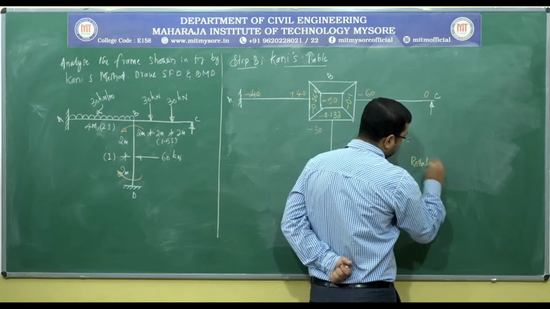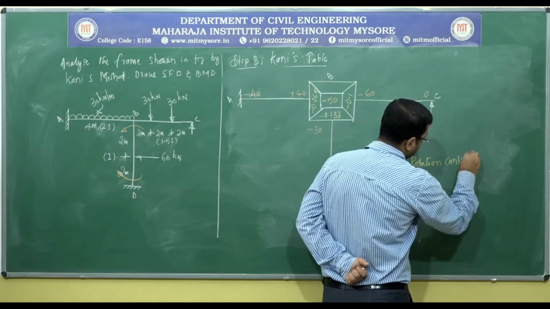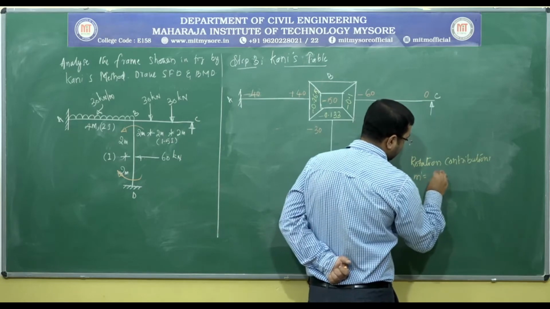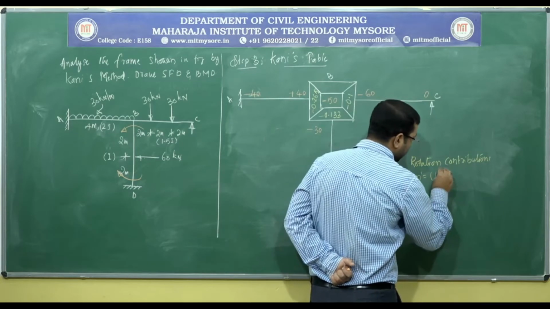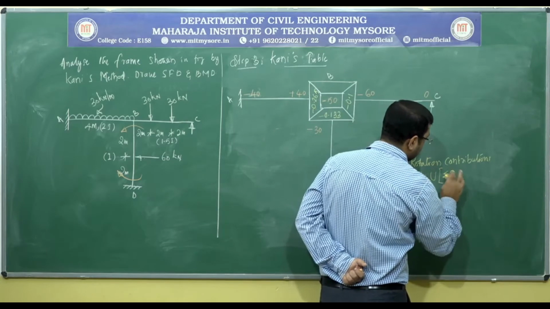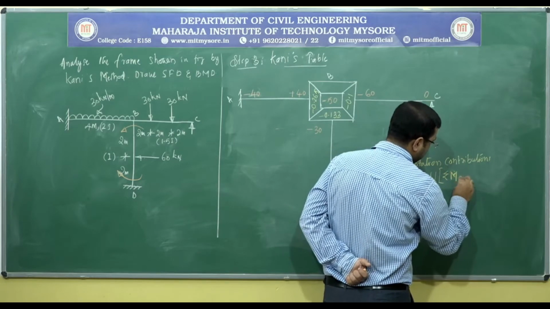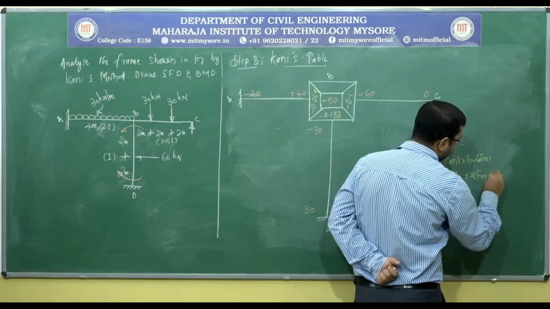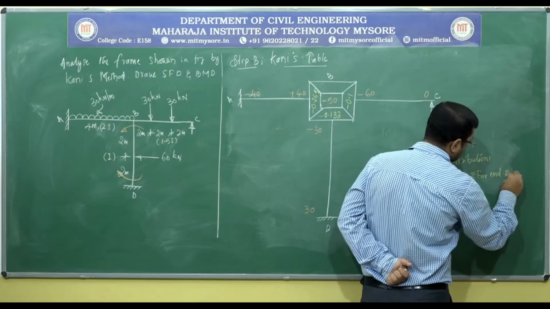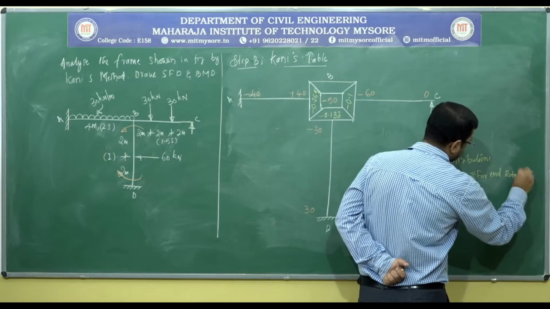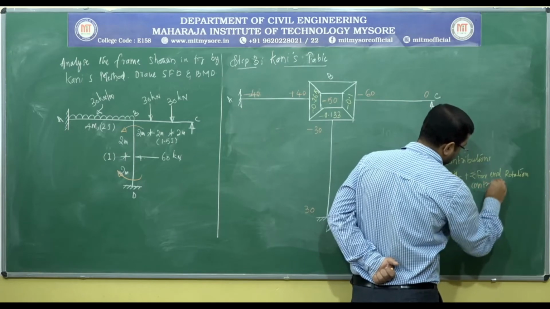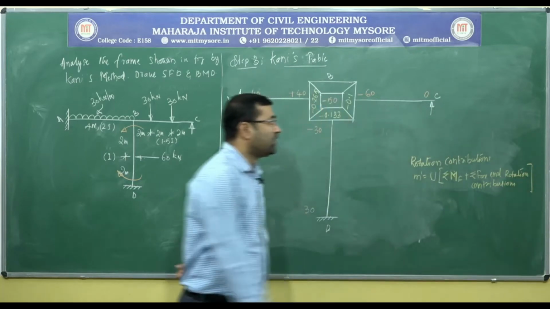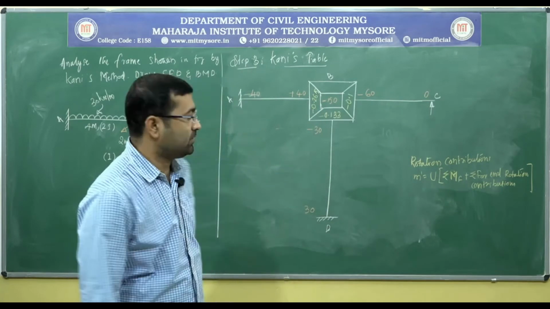As per our understanding, rotation contribution M dash is equal to rotation factor U into the algebraic sum of fixed end moments MF plus the algebraic sum of far end rotation contributions. So that is the formula to calculate the rotation contributions.